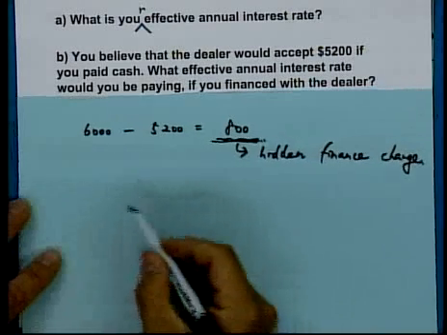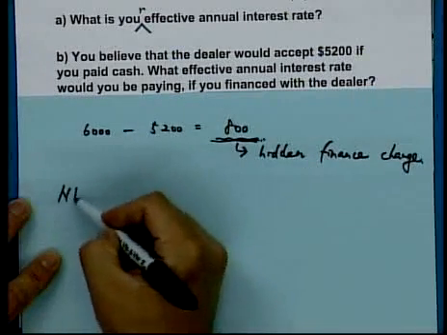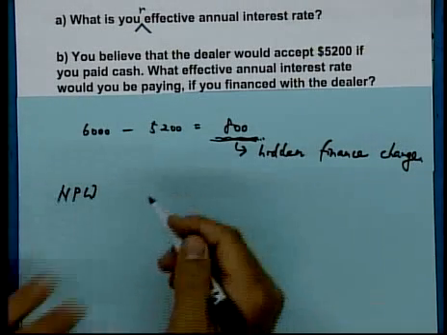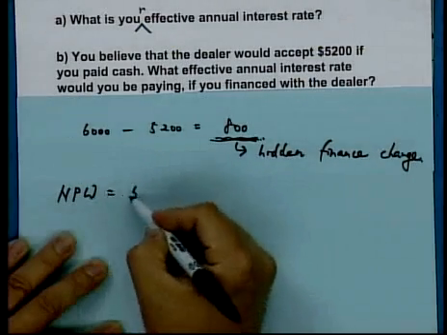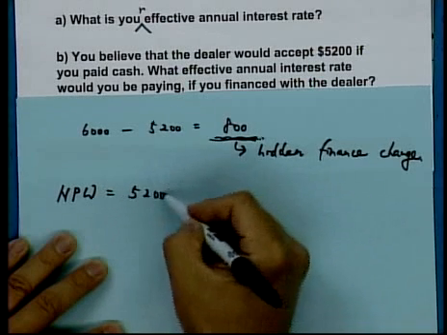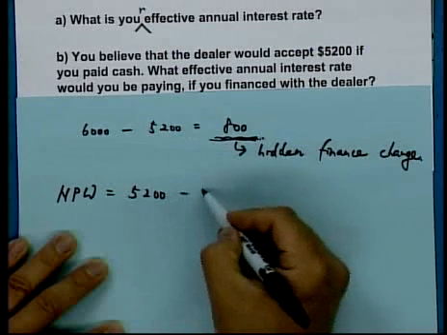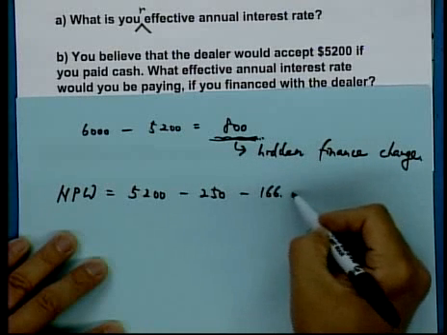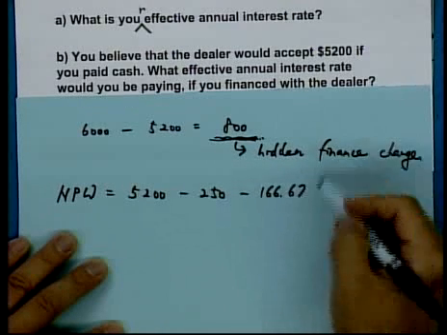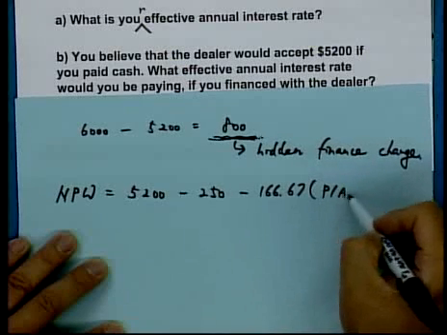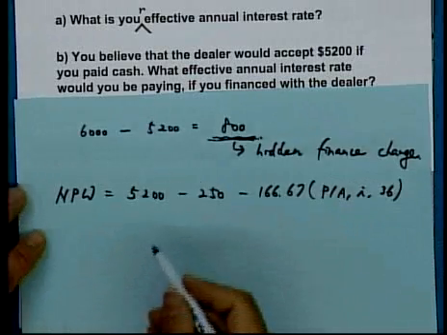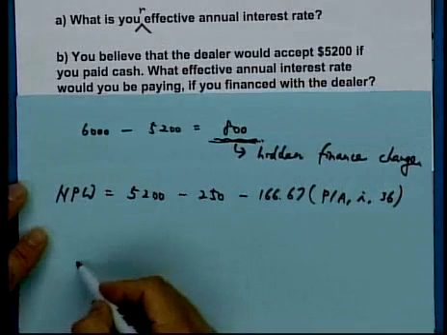We may have net present worth would be 5,200 minus 250 minus 166.67 times P given A, I over 36, right? So here's the new situation.